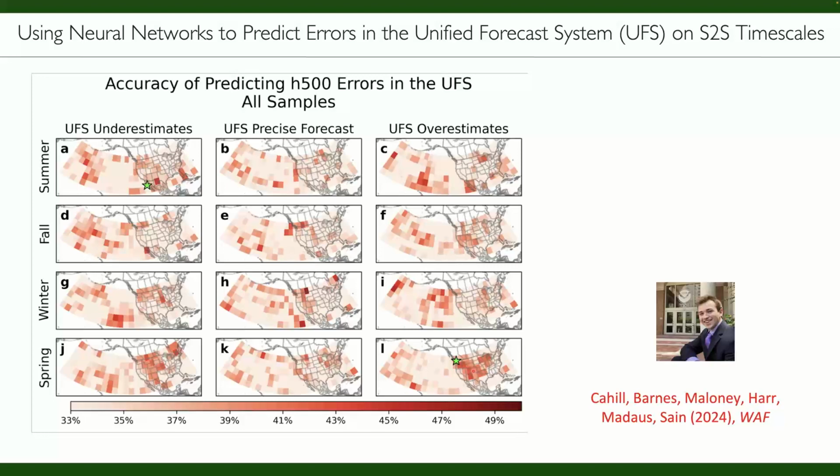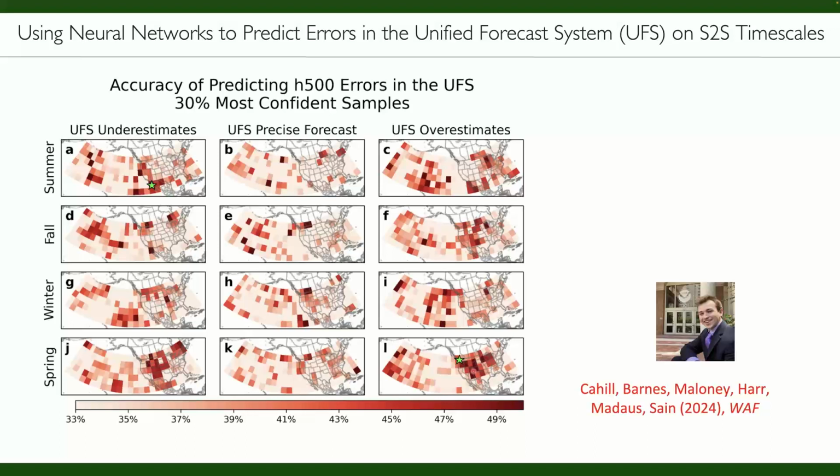So this is the bulk properties of how the neural network does. You could also break this down and look at when the neural network is more confident. In this particular plot, it's like the previous one, but now what we're showing are the 30% most confident samples, forecasts of errors that were generated from the UFS and from the neural network. And you could see here that the colors have become deeper.